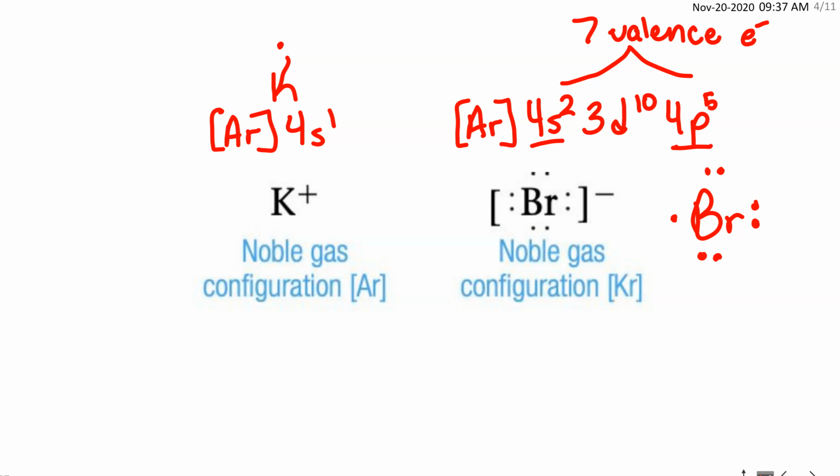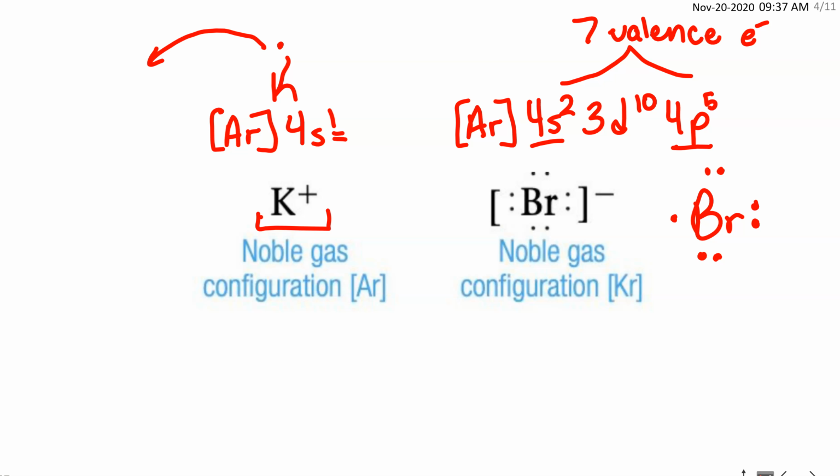But here's the thing I want you to know. When atoms bond, what they're trying to do is either get rid of valence electrons or accept valence electrons so that they look like a noble gas. In this case, potassium only has one valence electron, so it's going to lose that electron somewhere.